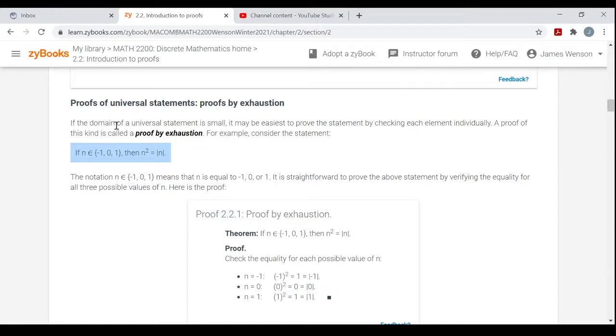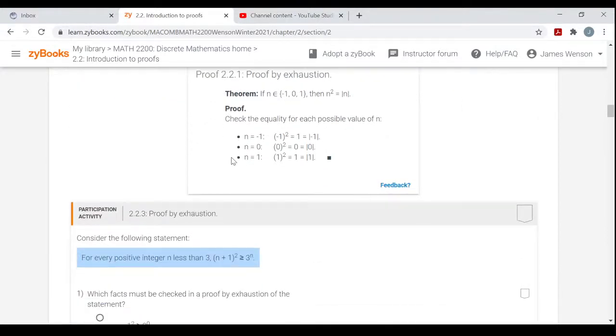If the domain of a universal statement has only so many values in it, is finite, not infinite, you could go through every value in the domain one at a time until you have proven the statement for all of them. All right, they give you an example here. So I'll show you this in the participation activity. All right, so I'll write this out and get back to you.